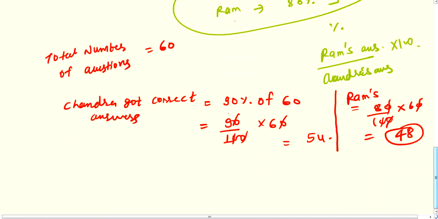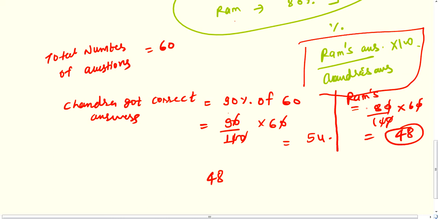Now we have to find the percent of Ram's answers to Chandra's answers. Ram's correct answers are 48, divided by Chandra's correct answers, 54, into 100. Now 3 1s are 3, 1 remaining, 8 will become 18, 3 6s are 18. Sorry, this is not divisible.